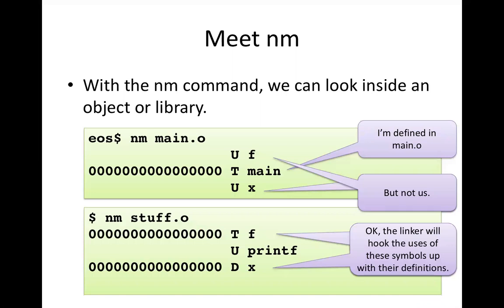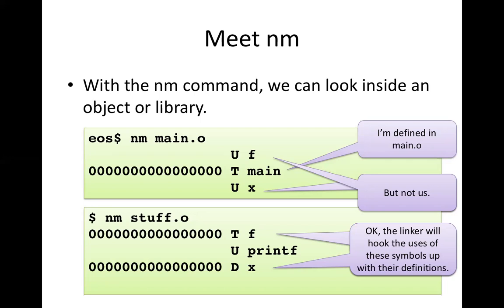There are some tools that can help you figure this out. One of them that we can try out is nm. Like a lot of Unix commands, it's got a really short name. This tool will let you see all of the symbols defined in a particular object file.